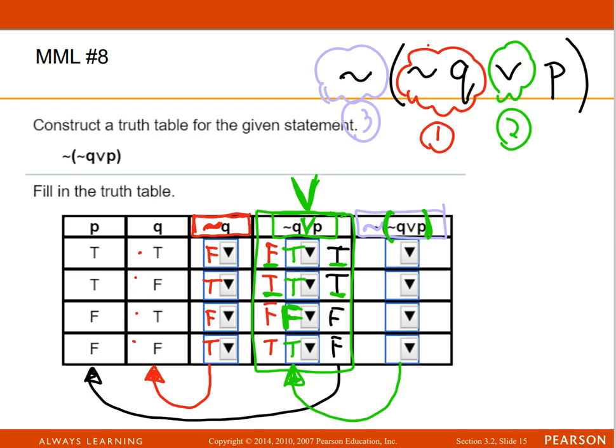So since the green goes true, true, false, true, the negation would go false, false, true, false. And that's what I'll choose for my drop-down boxes. False, false, true, false. And that one's done.